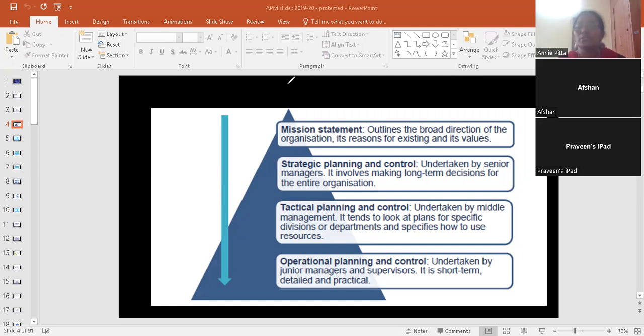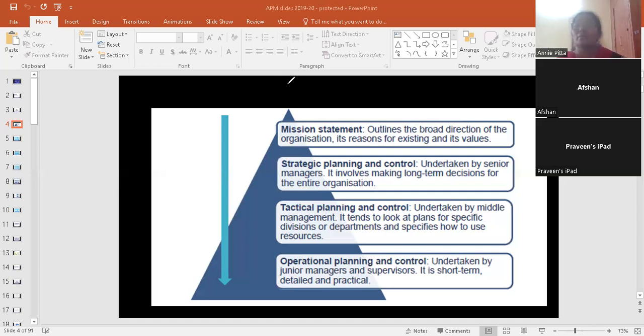Then come the markets in which they would be present: domestic, international, venturing into newer markets, etc. Then we also see how they would want to grow, at an incremental pace, slow and steady, or take dynamic, radical decisions and then quickly achieve growth. That kind of decisions are taken by the strategic level.